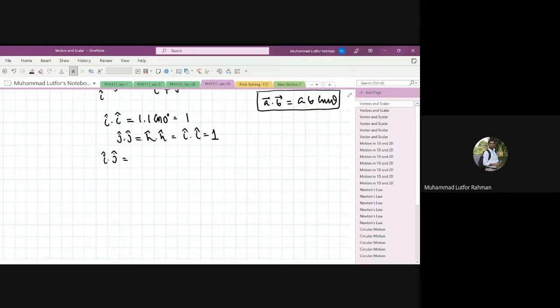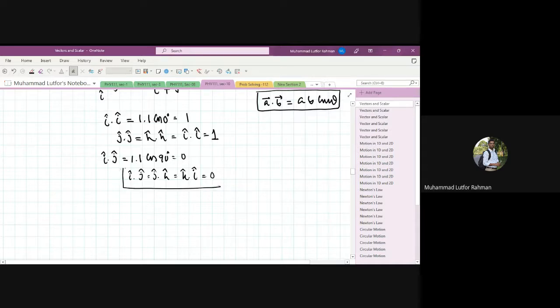So if you write it that way, for i dot j the angle between these two unit vectors is 90 degrees. So I'll write 1 into 1, but cos 90 becomes 0. That means i dot j, j dot k, and k dot i become 0.